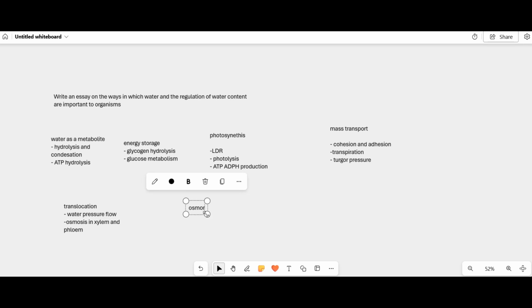Another thing is osmoregulation, yeah. So that's another topic completely as well. So I can talk about the hypothalamus and that, and ADH and all that, and then also blood water potential, yeah. Calm.